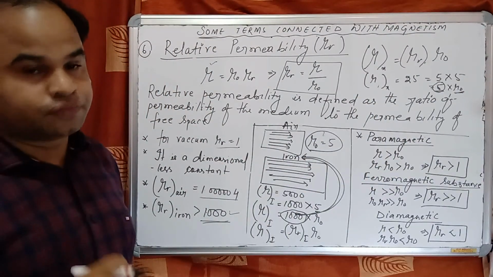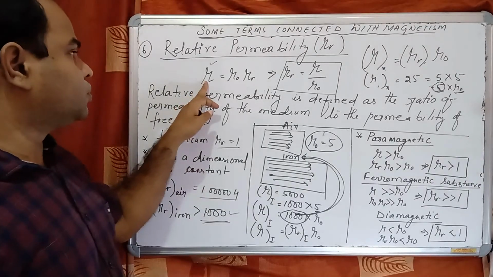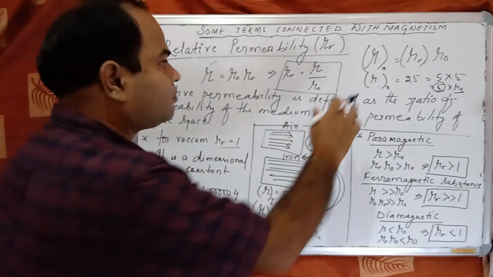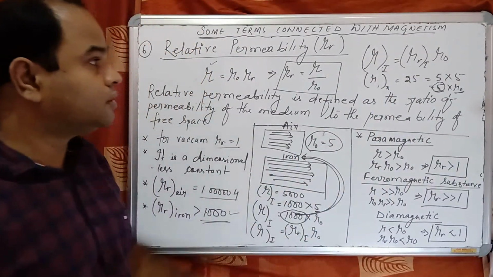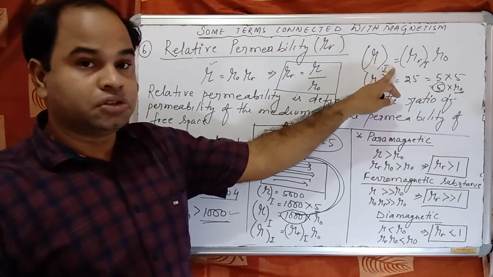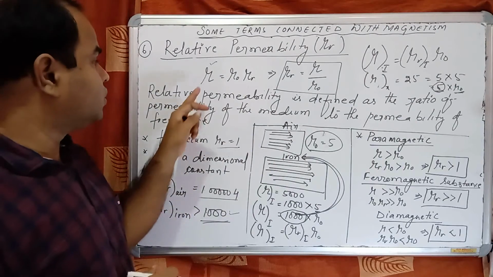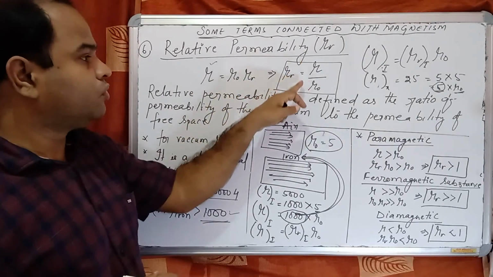Understood? So the general formula is mu is equal to mu naught into mu r. For iron medium, mu of iron is equal to mu r of iron into mu naught. So mu r is mu by mu naught.